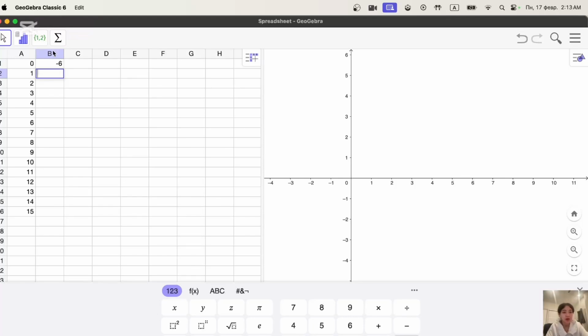In column B will be shown y values for x minus 6. So let's drag down to fill the column for all x values. And column C will be y values for the root of x.